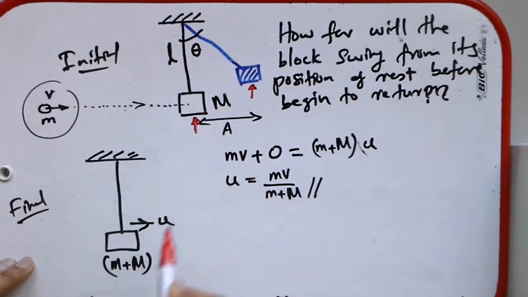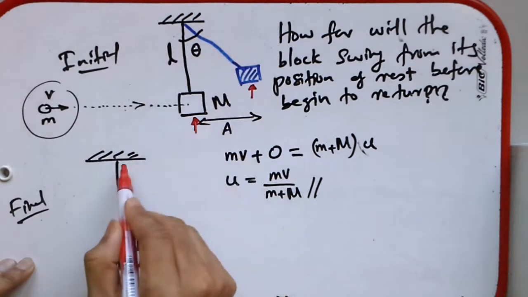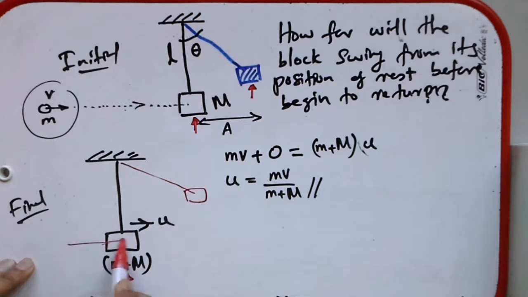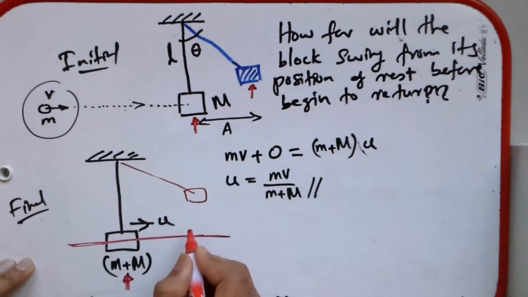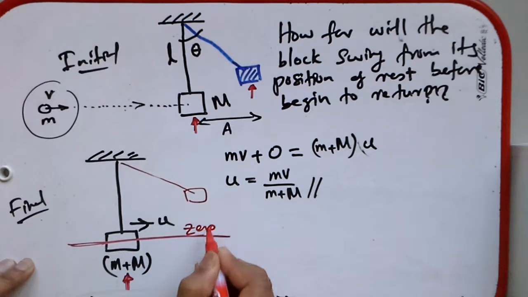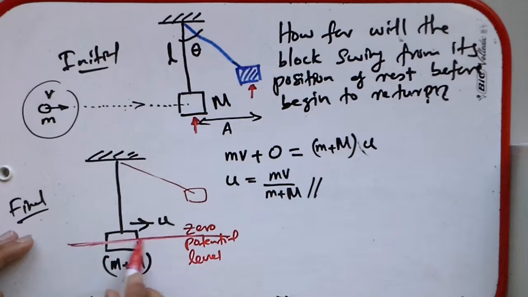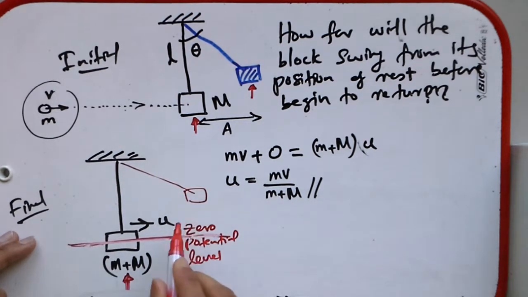Here you have only the kinetic energy of the system, but when the object reaches somewhere here, you have only potential energy. So we will take this line as our zero potential level. So we assume here the potential energy is zero. With respect to this line, above it you have positive potential.